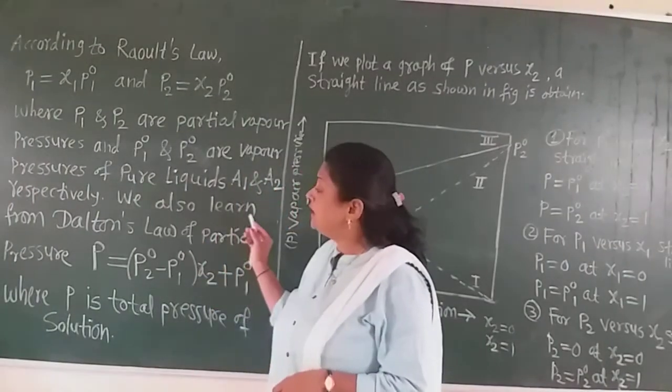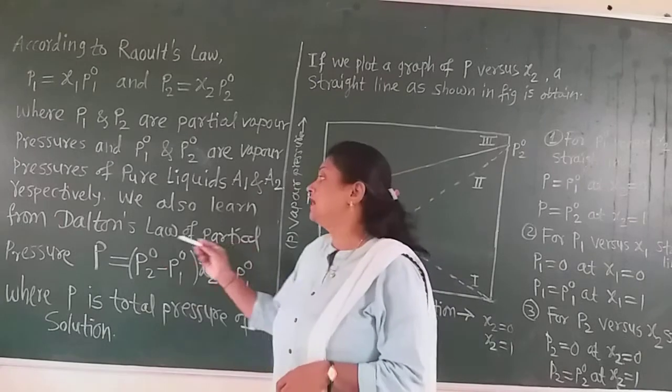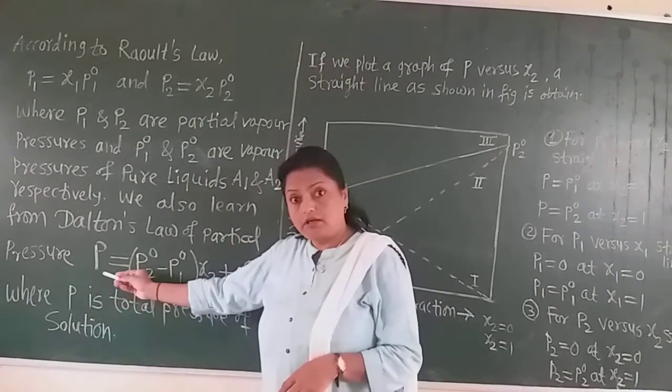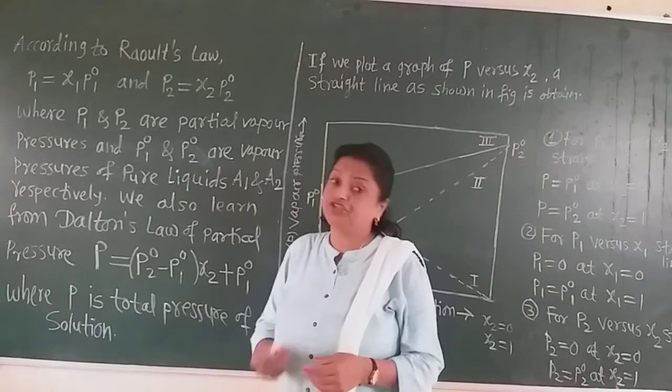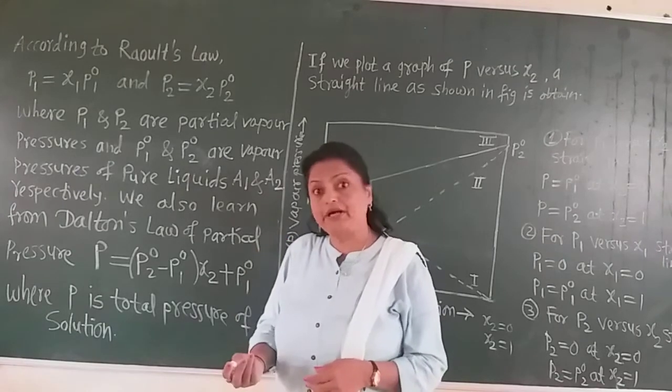Now we also learned Dalton's law in the last lecture. Dalton's law of partial pressure says that the total pressure is equal to the summation of the partial pressures of the two different components.